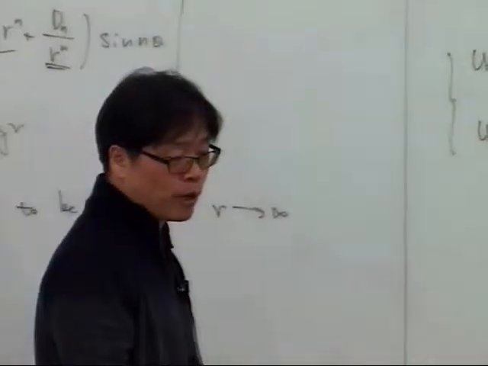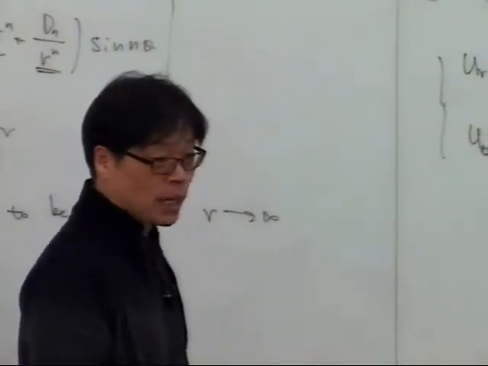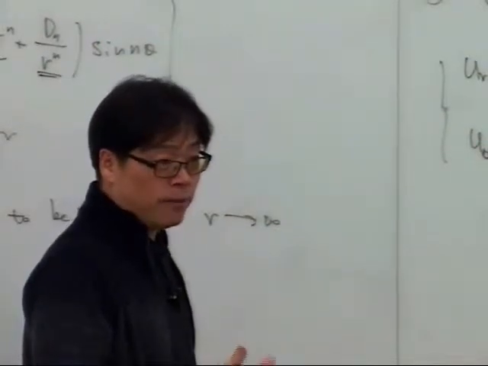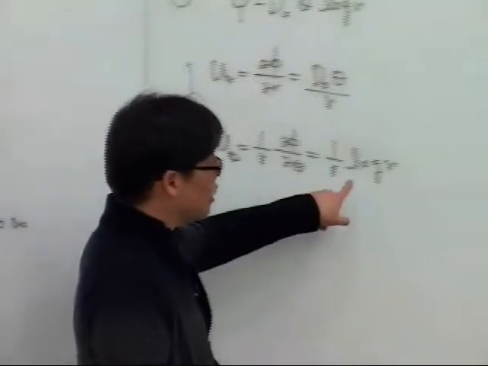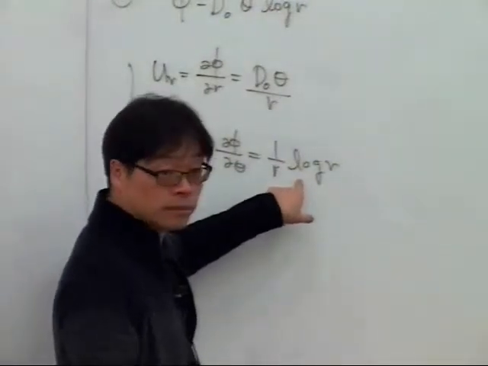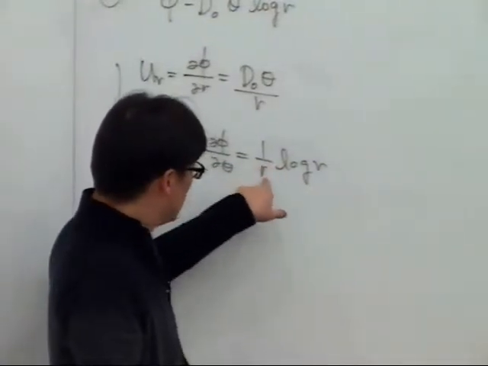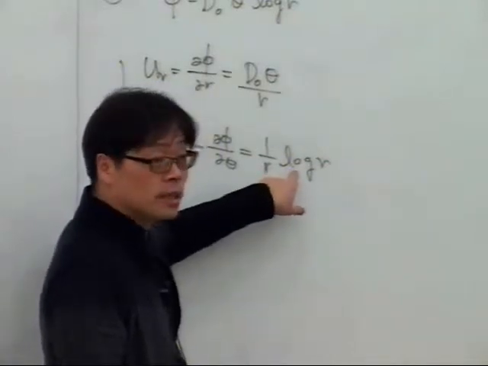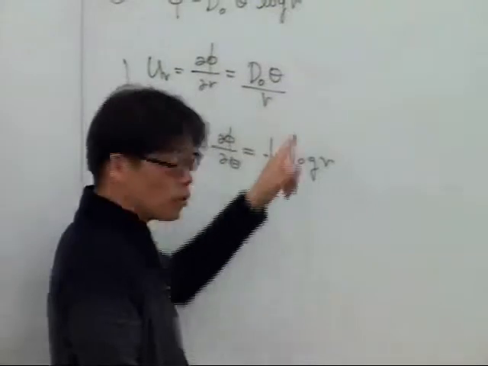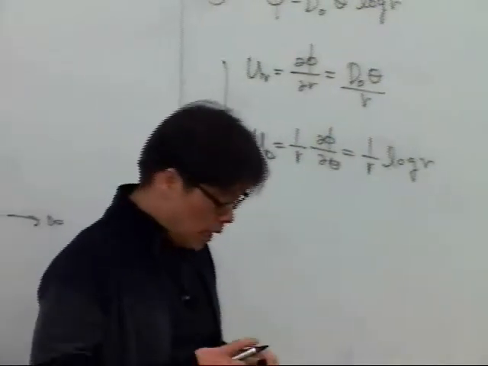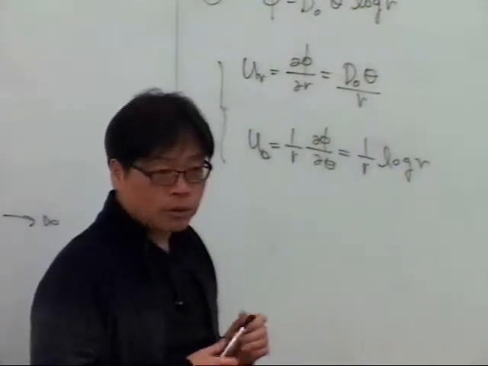First of all, I have to worry about whether these velocity fields are finite at infinity. This one goes to 0 as r goes to infinity, because this one decays much faster than this, and therefore it goes to 0. So this one also goes to 0. Are these acceptable?